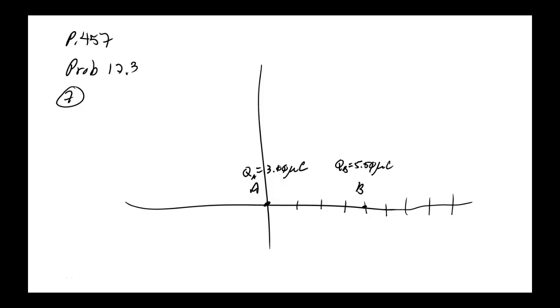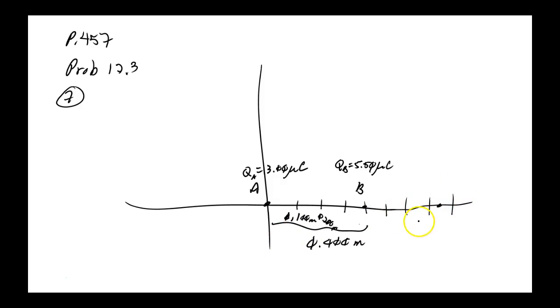This is 0.400 meters. This is 0.100 meters, 0.200 meters, and so on. Charge C is a negative charge, and this is at 7.50, that's 4, 5, 6, 7, so 7.5.